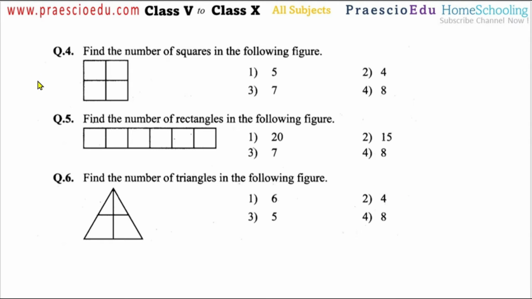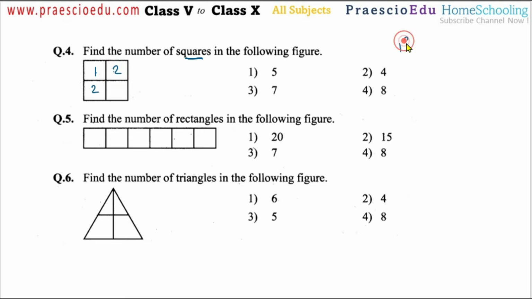Now question number 4: find the number of squares in the following figure. So we are going to find the squares. See, there is a formula we have seen for squares, rectangles and quadrilaterals. The one for squares is different. For this one, we have rows 1 and 2 and columns 1 and 2, and we are making the marking. Now, only row 1 and 2.